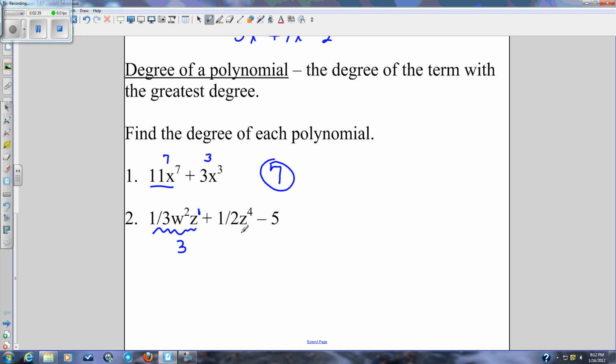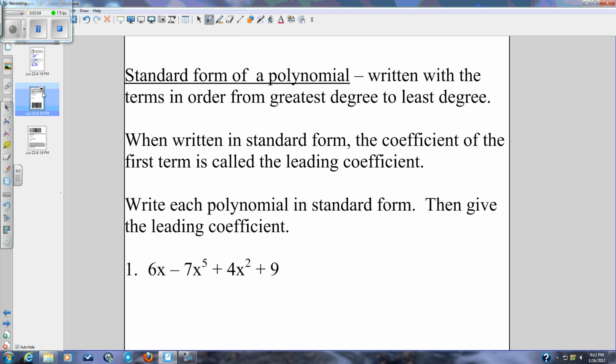There's only one variable in the next term, so it's just going to be the exponent on that one variable of 4. Again, a constant, a number, has degree 0. Pick the highest of all of those numbers, 3, 4, and 0, and the answer is 4. So this polynomial has degree 4. Let's go on to our next page.